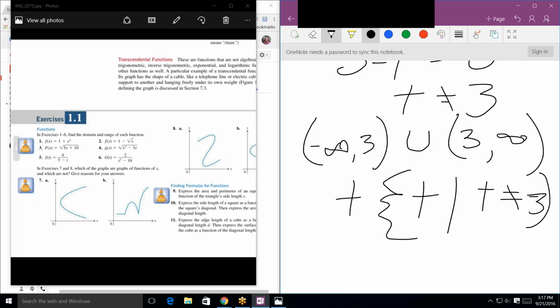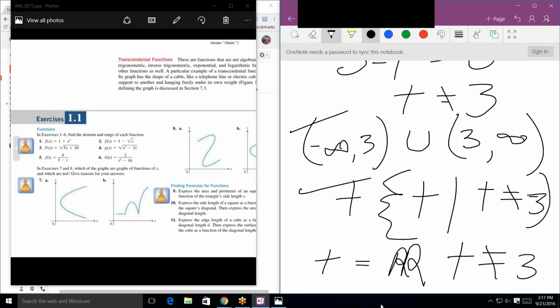And the other way you might say that is t is equal to all reals except t cannot be equal to 3. So there's 3 ways to define it. There's interval notation, there's that notation, and there's that notation. They all mean the same thing. They all mean that t can be any number on the number line except 3.